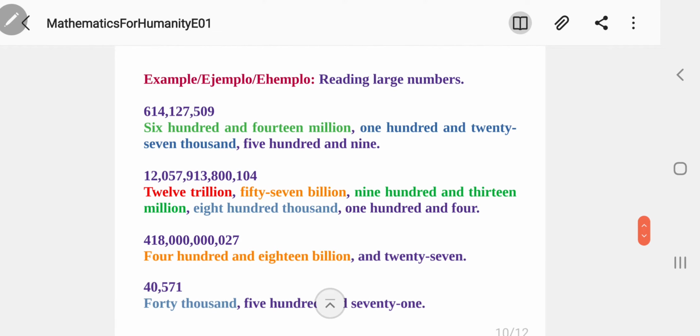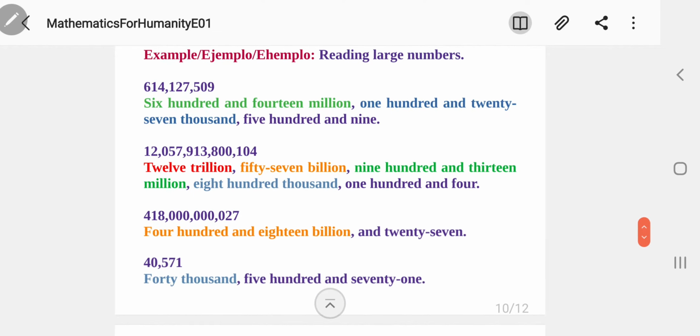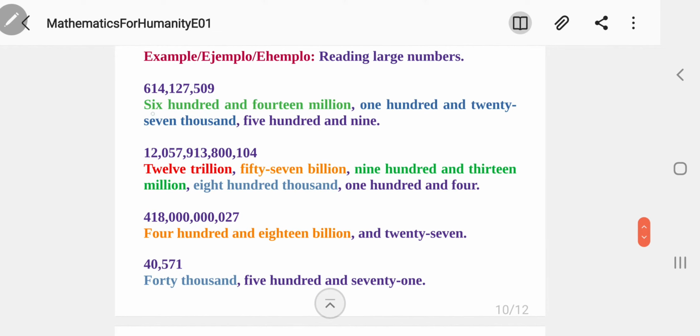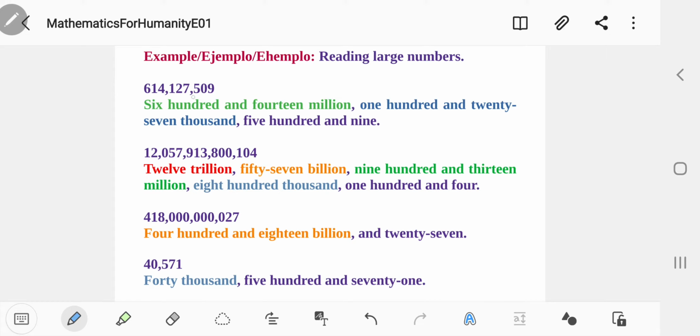Here you have some examples. This one, you have here 9 digits and they are separated in 3 groups. This one is the units place, this one is the thousands place, and this one is the millions place.